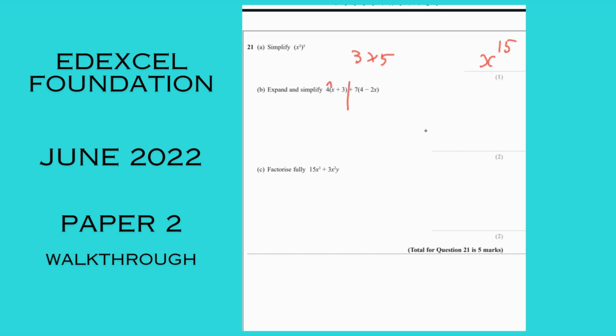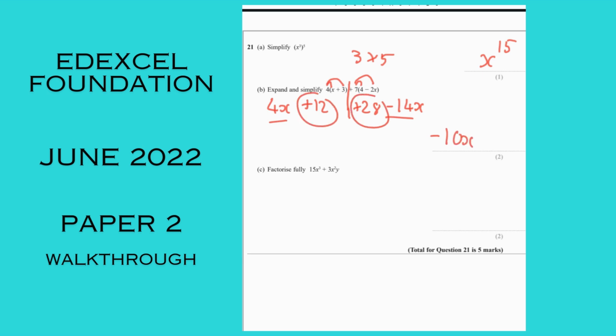So it's simply 4 times x, 4 times 3, treat it as two separate questions. 7 times 4 is 28. 7 times negative 2x is negative 14x. I always prefer to put the x's first, so 4x minus 14x, negative 10x.